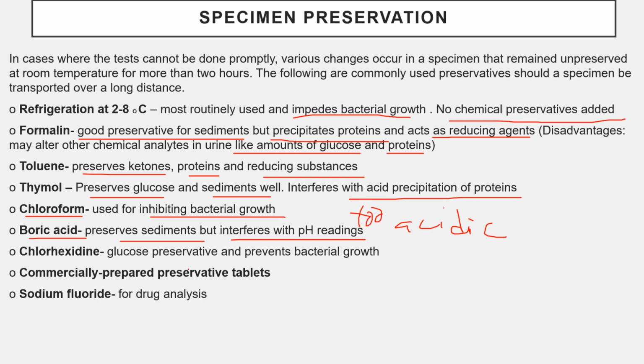Masyadong acidic yung pH. Then we have your chlorhexidine. This is used in preserving glucose and prevents bacterial growth. Then you could also use commercially prepared preservative tablets. Then sodium chloride, class, is the preservative used for drug analysis. So do memorize the different ways and the different chemicals used in specimen urine preservation.